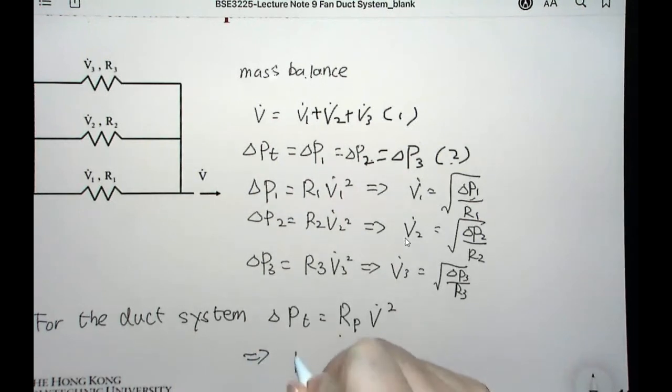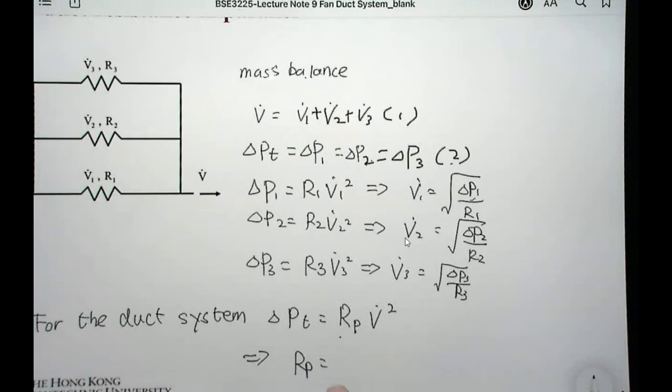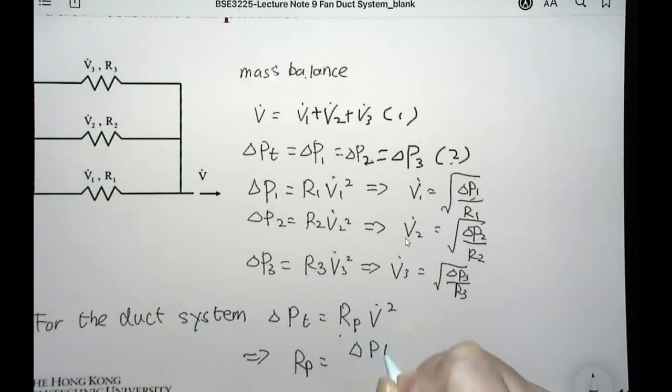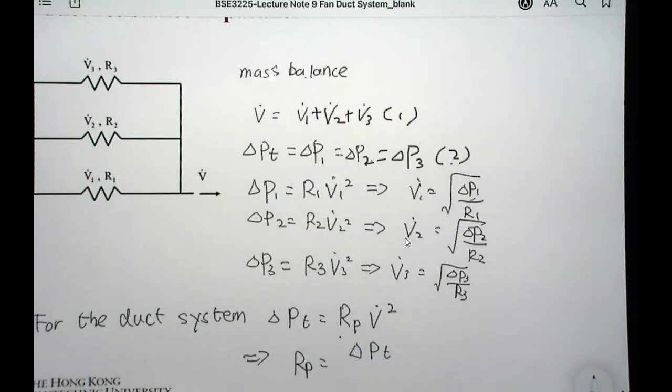So the duct resistance of the system equals delta P total over V dot squared. Sorry, we aim to close the equation system.